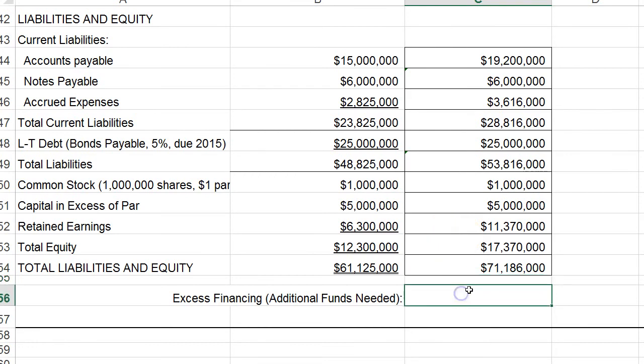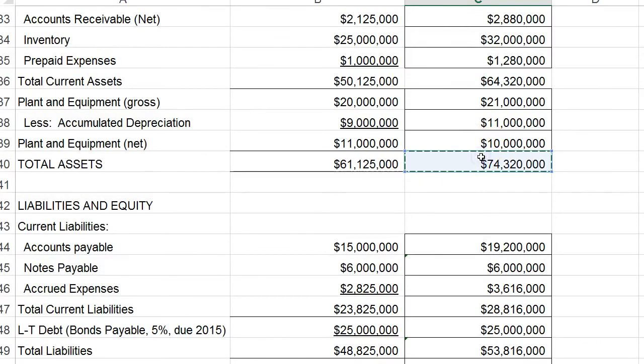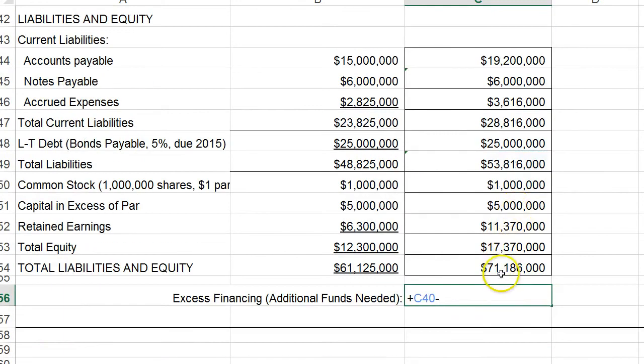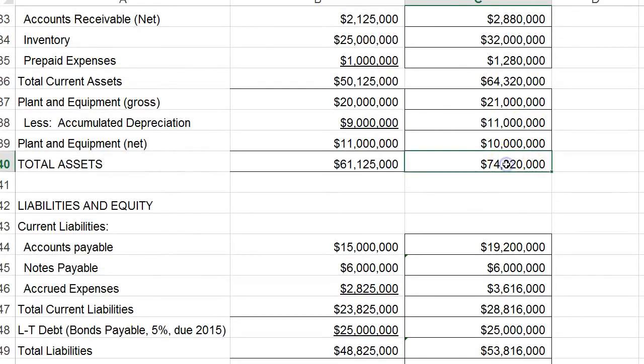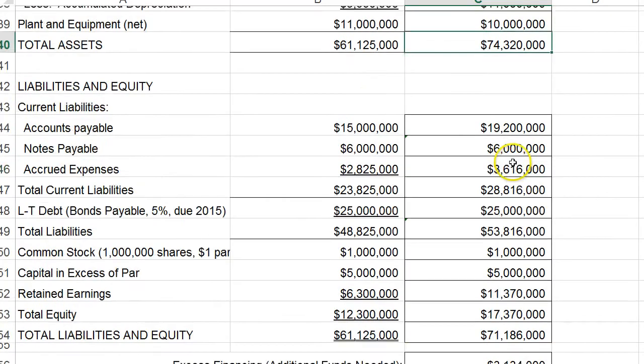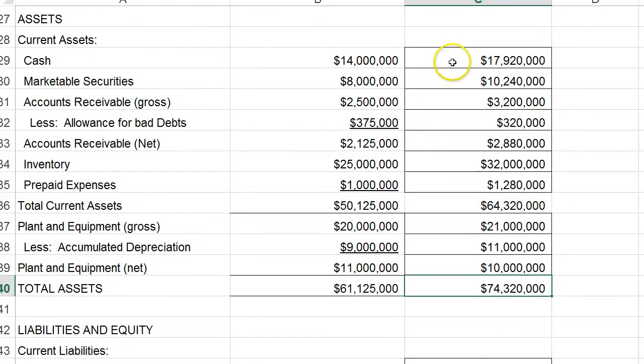Now we see that if we look at our total assets minus our liabilities, total assets are about $3 million more than our liabilities. Why are our assets more? Because we're increasing cash, we're increasing marketable securities, accounts receivable, inventory, and prepaid expenses.